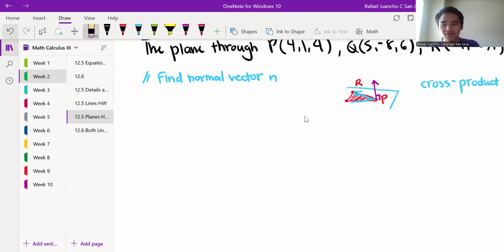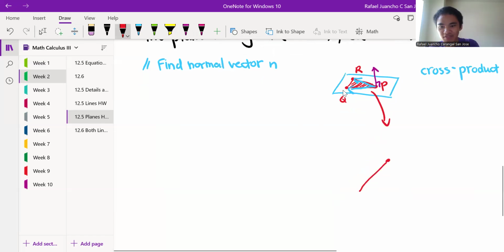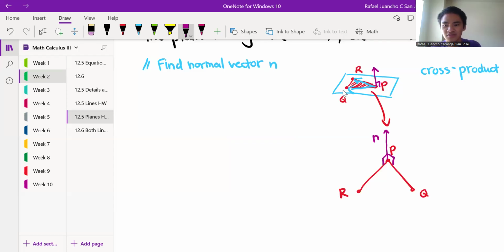Actually, I shouldn't have stopped that. Yeah, this was a good drawing. For once, I actually did something good. Okay, so I'm gonna redraw that thing because that was nice. This is P. This is R. This is Q. And then that normal vector N is perpendicular to vector PR and vector PQ.